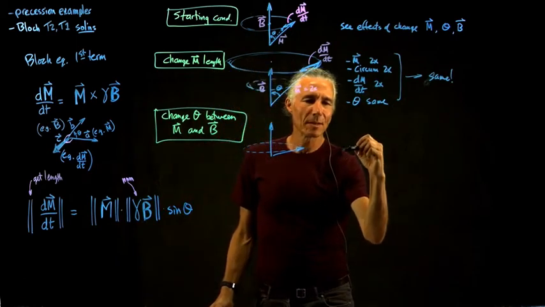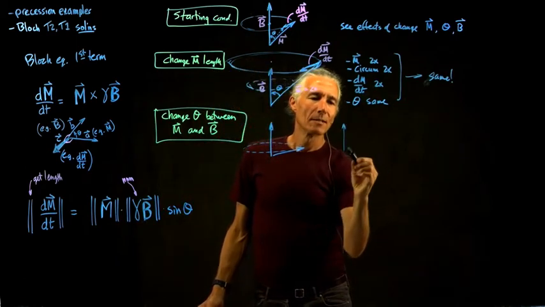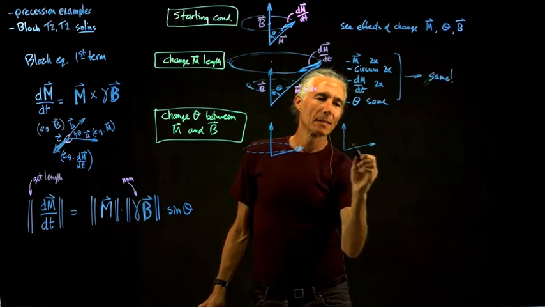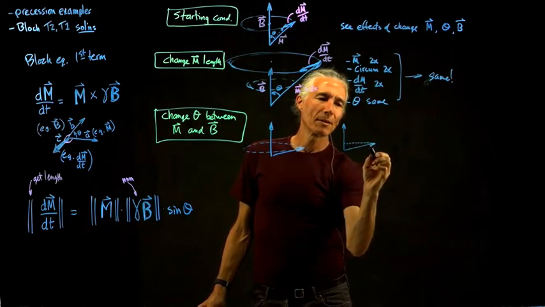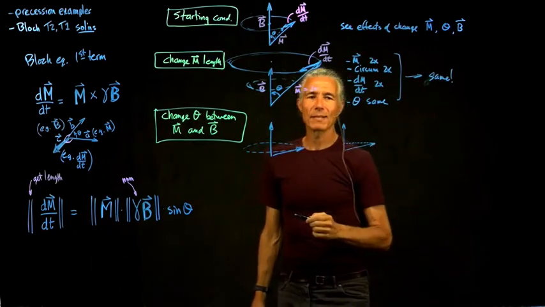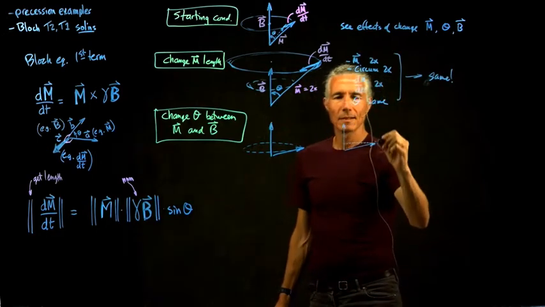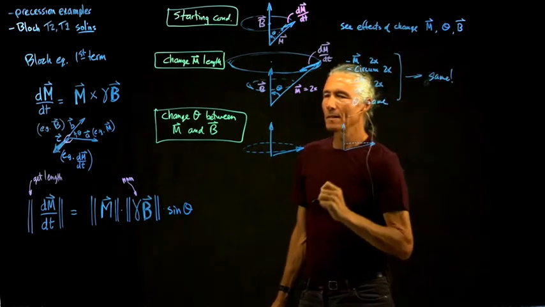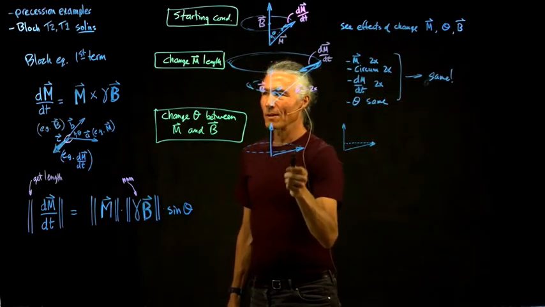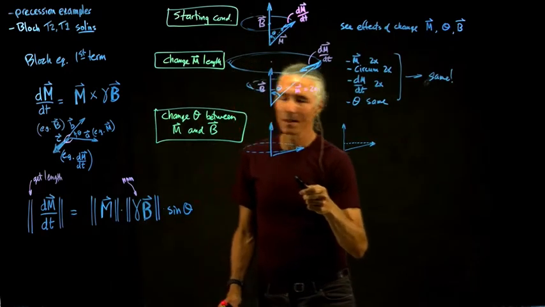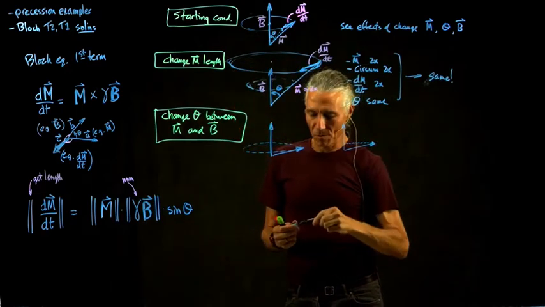So let me make a little drawing over here. If we've got something like this, what we want to figure out is, what is that radius? How far does the vector have to go around?